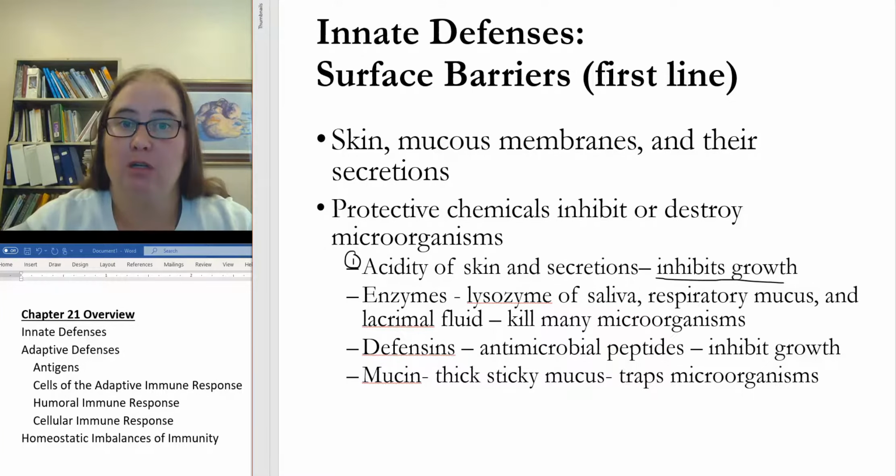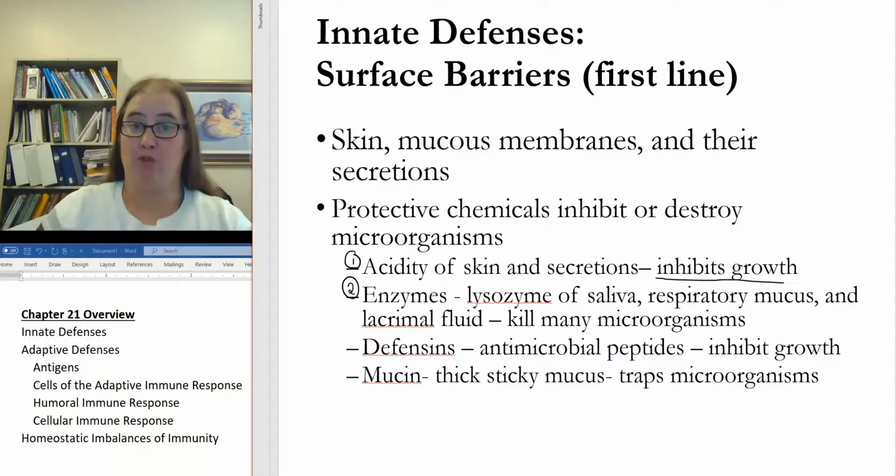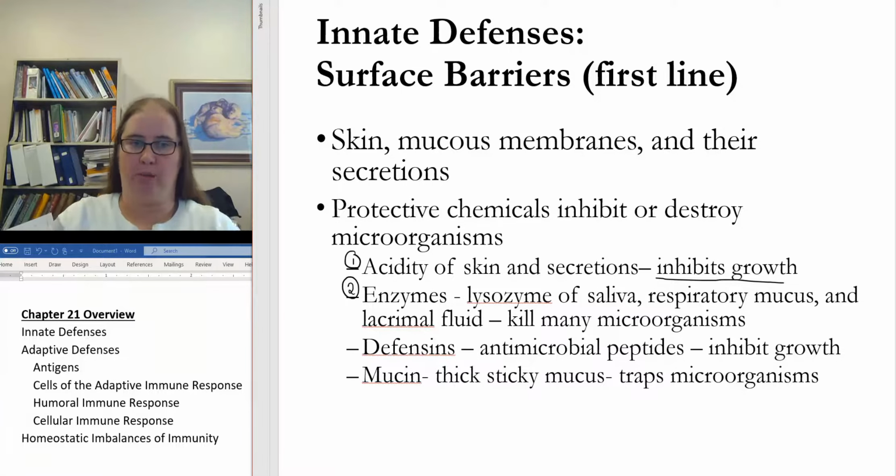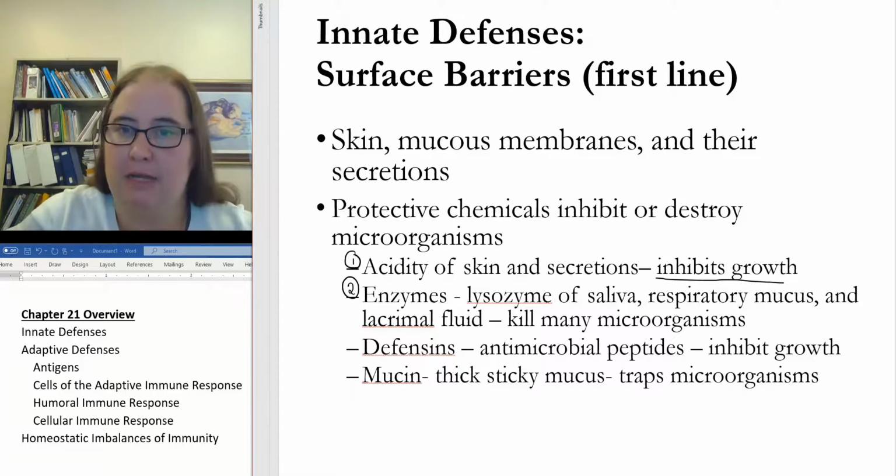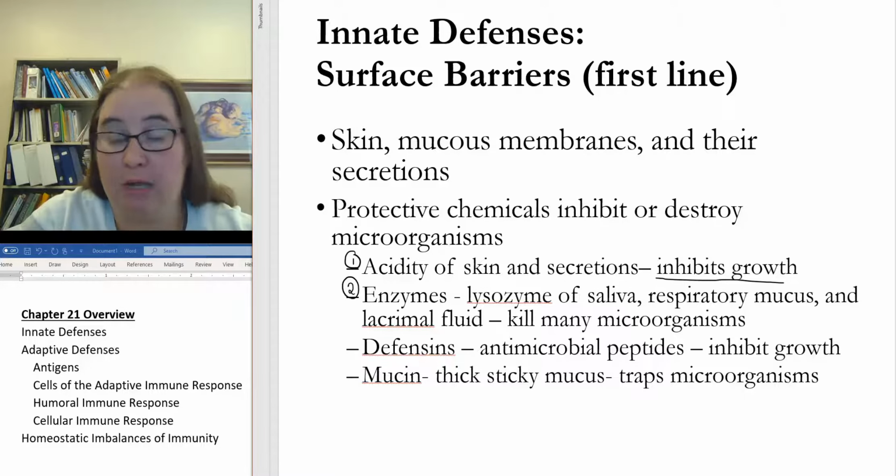In addition, when I say skin, these are mucosal membranes and their secretions. We also secrete enzymes. For example, in our saliva, which is produced by our mucosal membranes, we secrete lysozymes. These lysozymes will destroy pathogens as they try to get through our respiratory tract or our oral cavity.